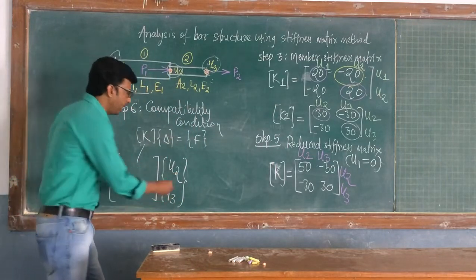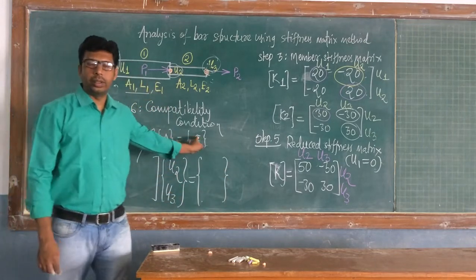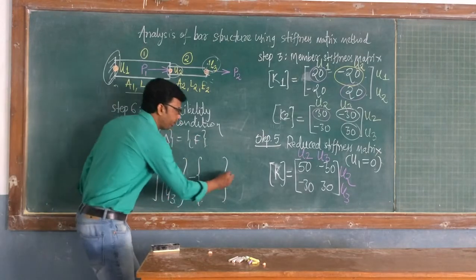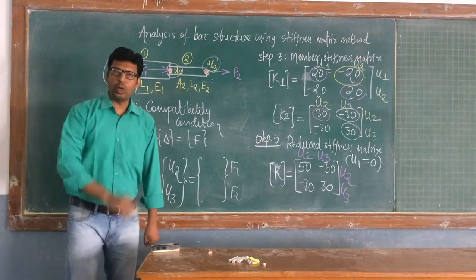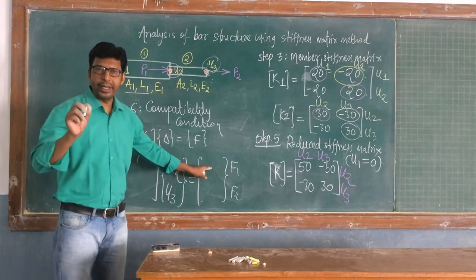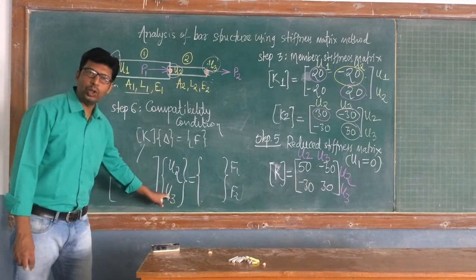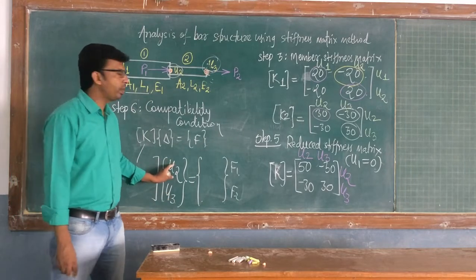So the 2 by 2 reduced stiffness matrix, then delta equal to U2, U3, equal to the force vector. There will be two elements, F1 and F2. The first element corresponds to U2 and the second element corresponds to U3.